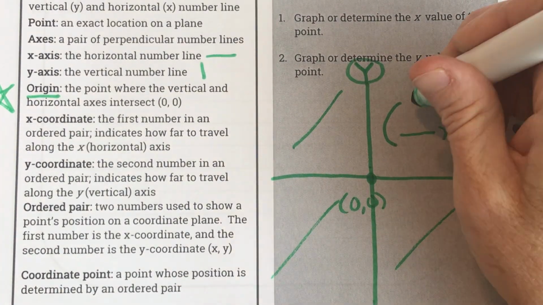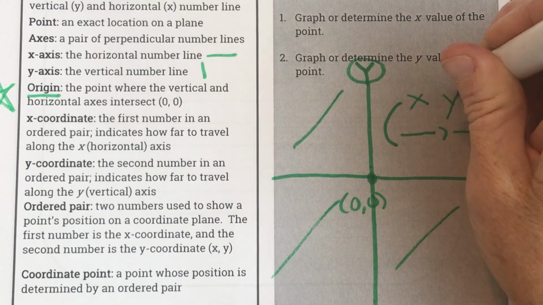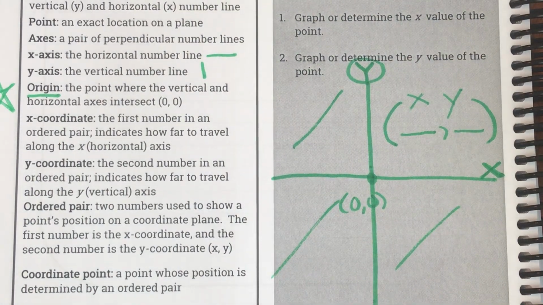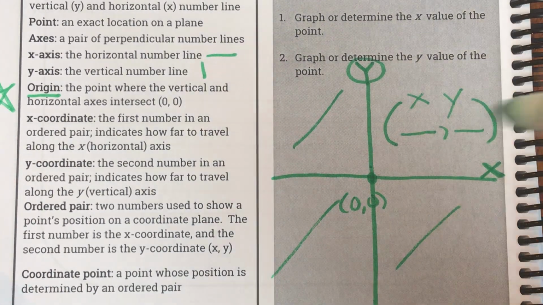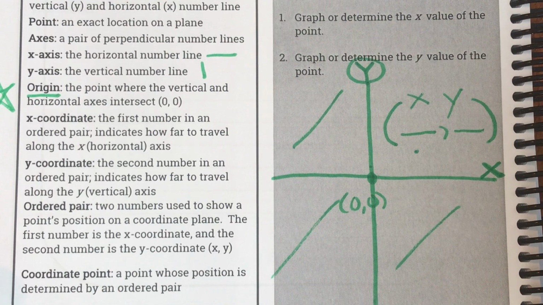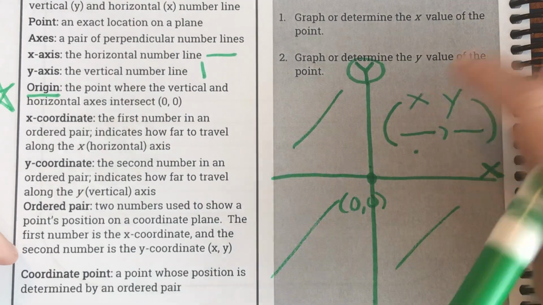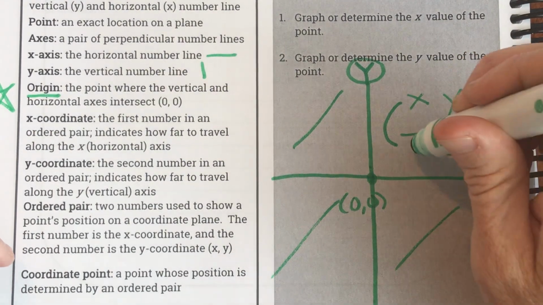The first one is always your x and the second one is always your y, which is easy because in the alphabet x comes before y. So this is called my x coordinate and this is my y coordinate. And then the coordinate point is the actual point. So the ordered pair tells you where the point goes.